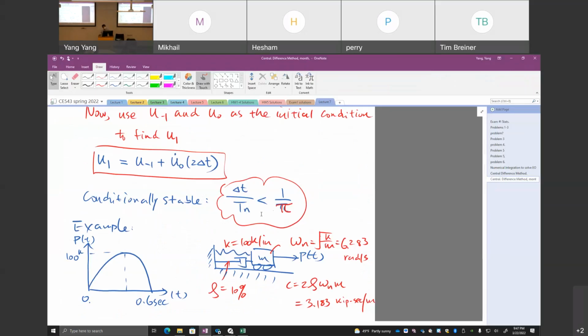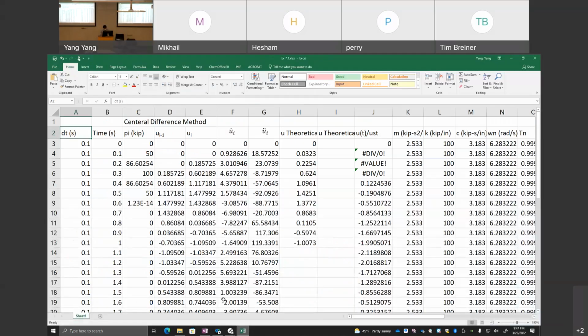So for example, here I use 0.1 second. You may use a little bit larger delta t, but not larger than Tn over pi.